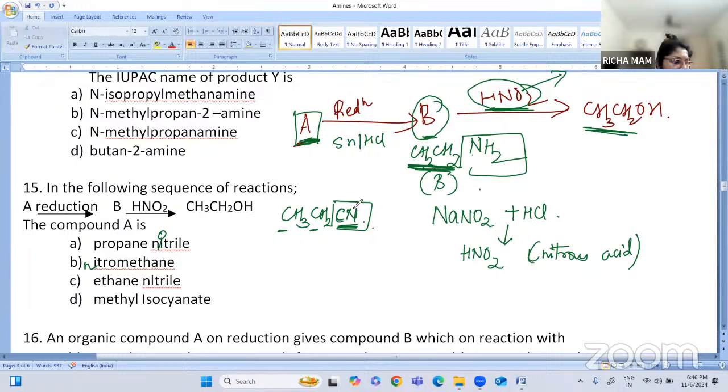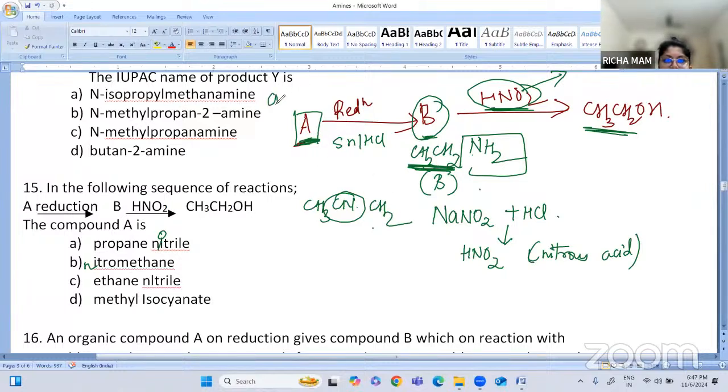So if we take ethane nitrile, that is CH3CN, the CN group will be converted into CH2.